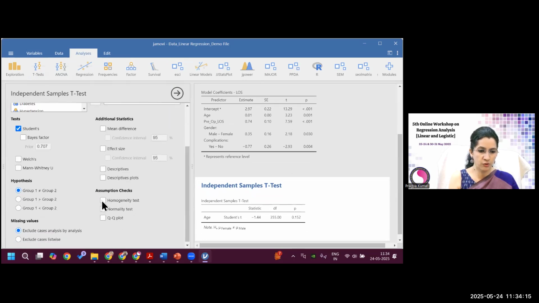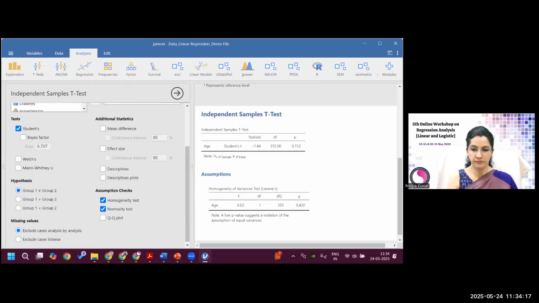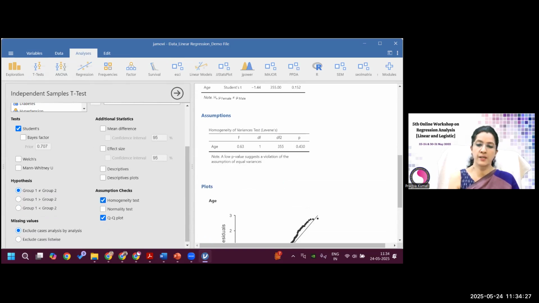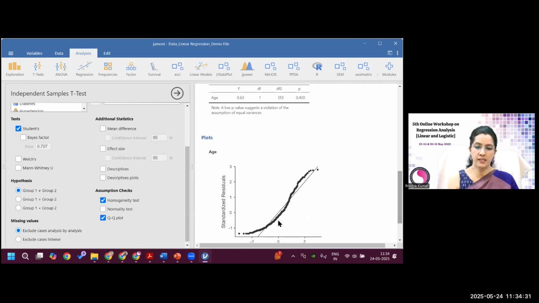And then let's see the homogeneity and normality assumptions. Sorry, QQ plot, because the sample size is large, that's why I will not go for Shapiro-Wilk. So the homogeneity of variance assumption is met because the p-value is more than 0.05, and this is somewhat linear, means the QQ plot shows that it is a normal distribution.